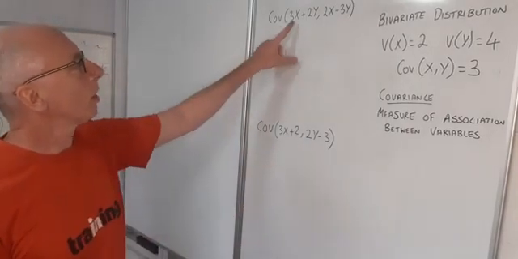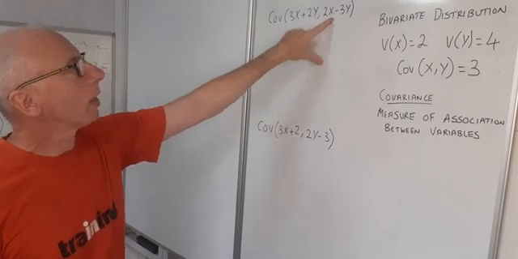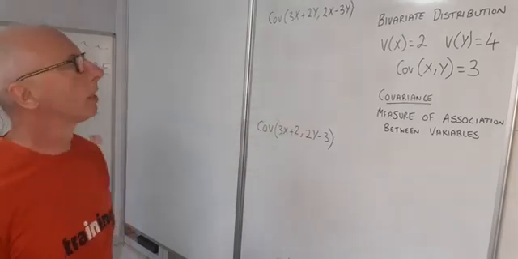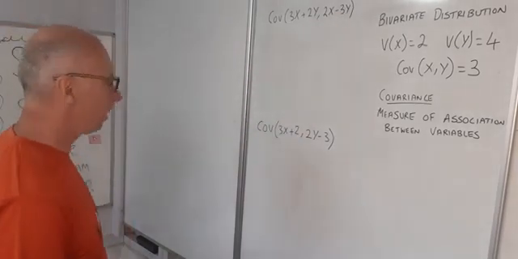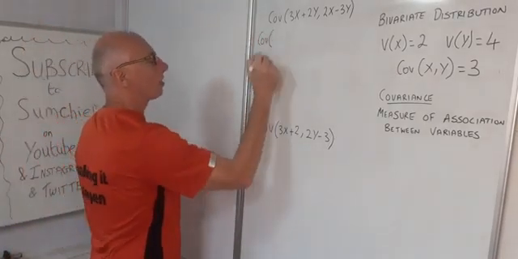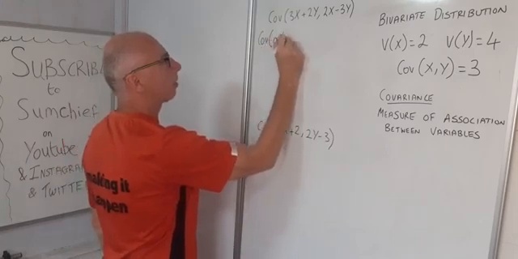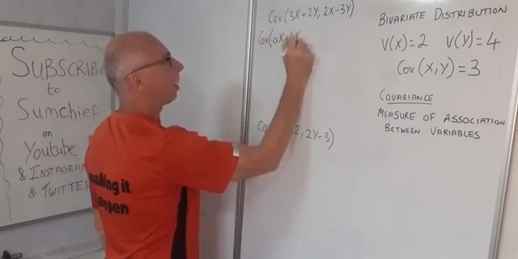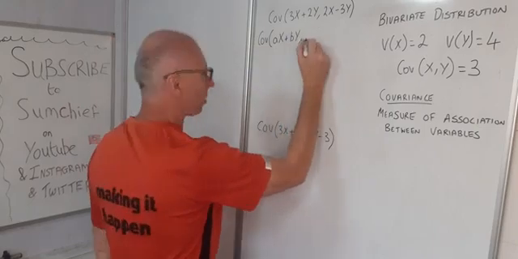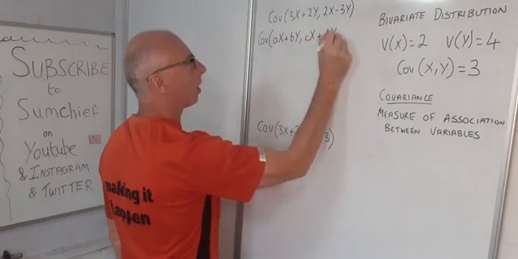Okay, so here we've got 3x plus 2y and 2x minus 3y. The formula for this is written as the covariance of aX plus bY, comma, cX plus dY.